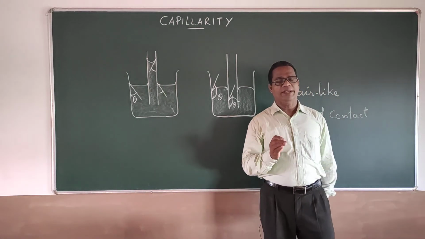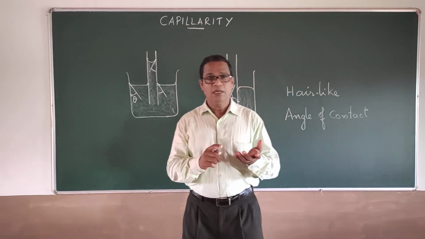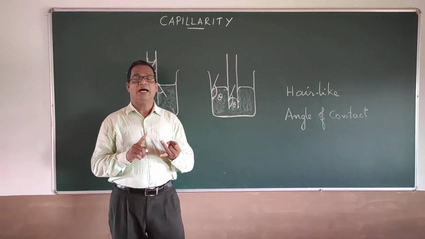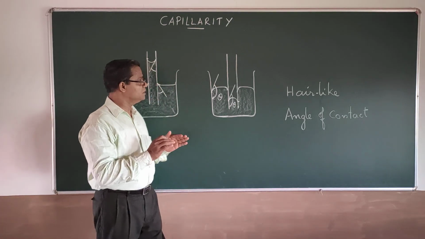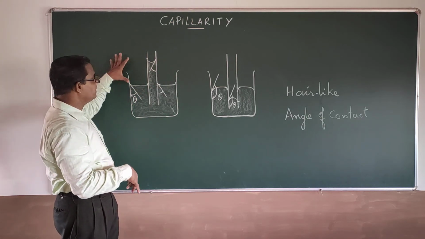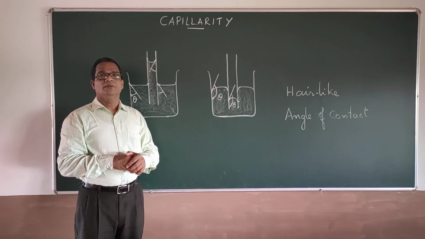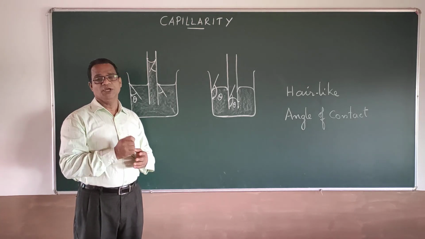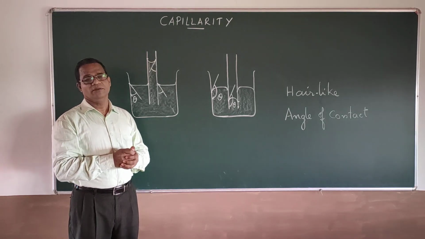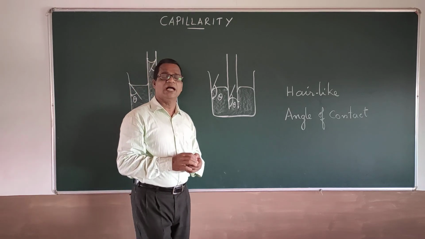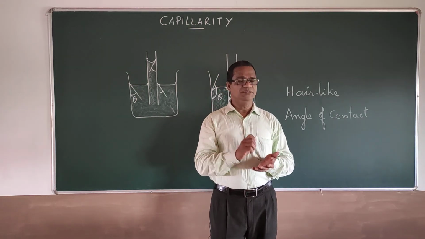Now this angle of contact is found to depend on the type of liquid and the type of solid, and also on the medium surrounding that place. Here is air we have taken. So a given solid and a given liquid, with a particular surrounding, will have a constant angle of contact. That won't be changing.